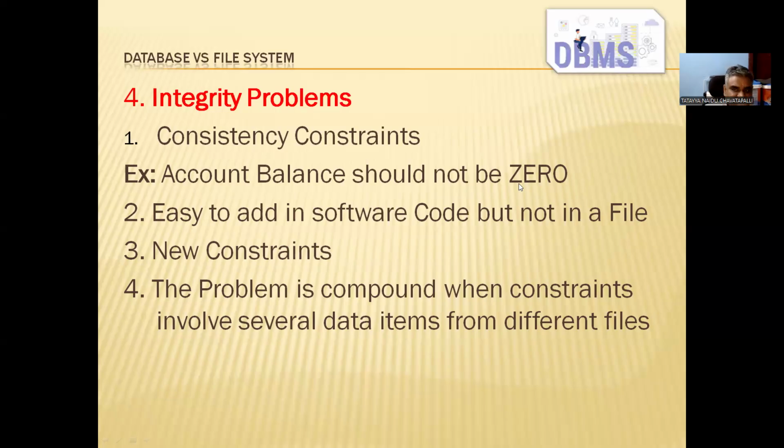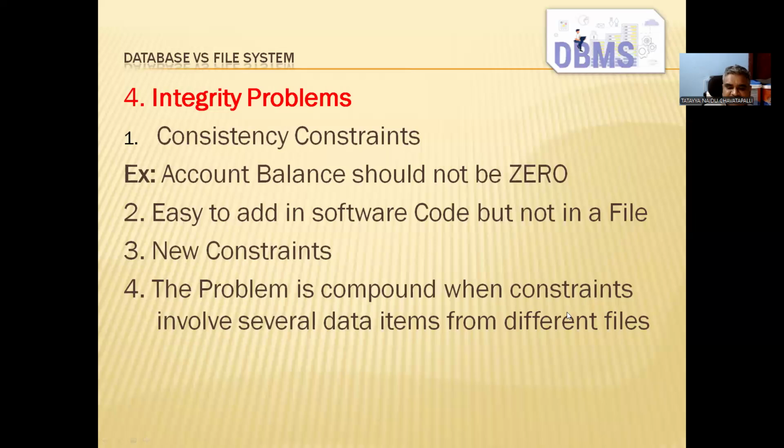In a file system it is not possible to do this. In DBMS it is easy to add this in the software code, but not in a file system. The problem is compounded when constraints involve several data items from different files.